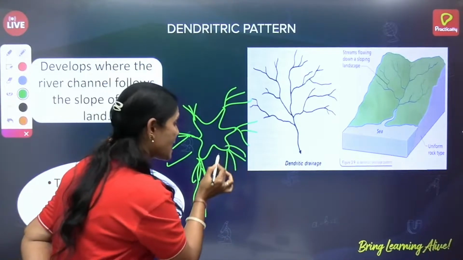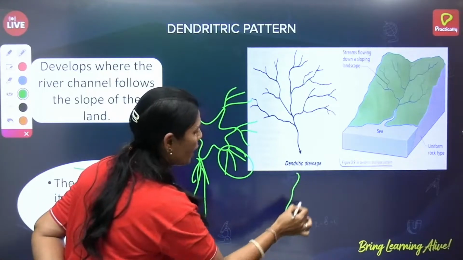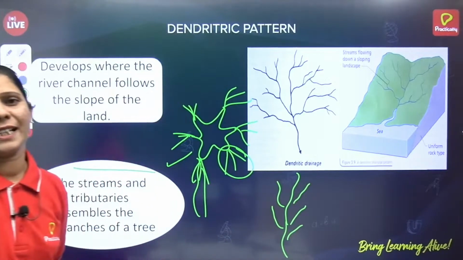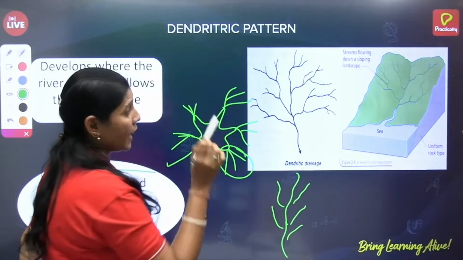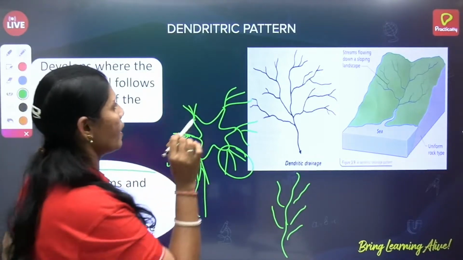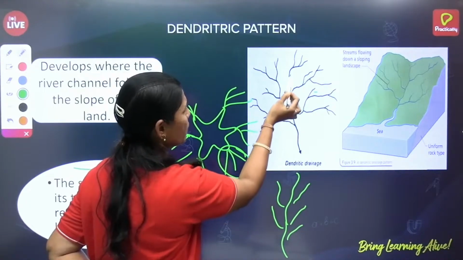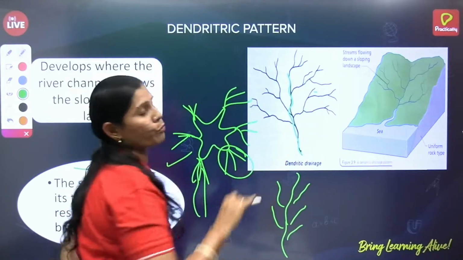So when rivers form like dendrites, meaning joined by different branches like this, we call it a dendritic structure. The Ganga River has different streams and branches joining the main river, so it forms a dendritic structure. It develops channels in the lower sloping areas.